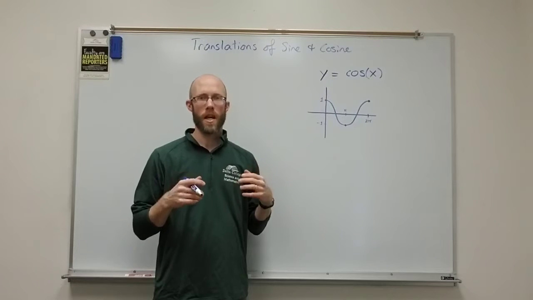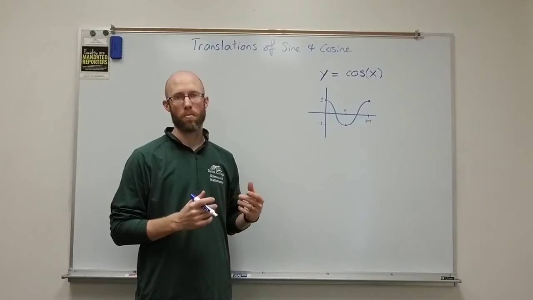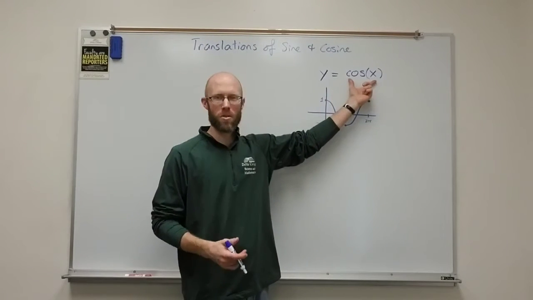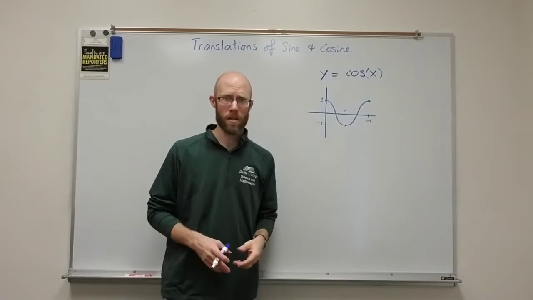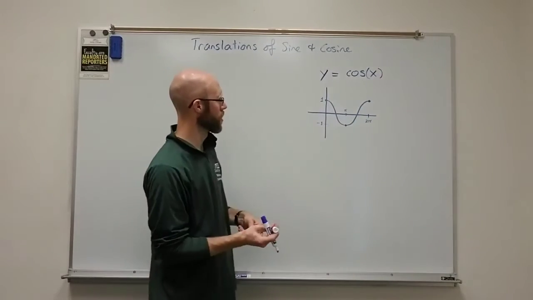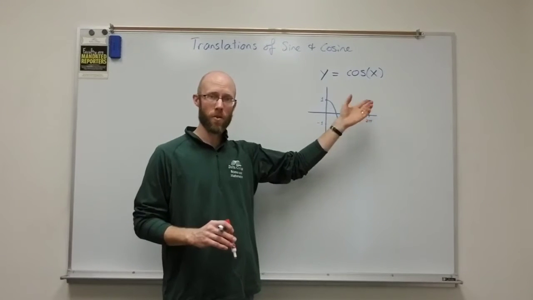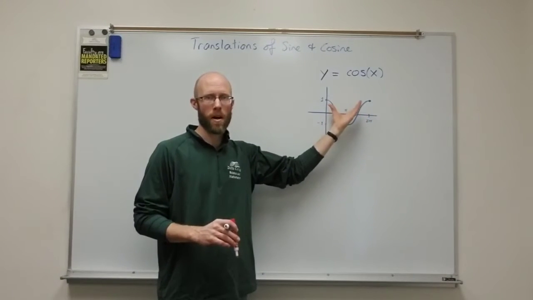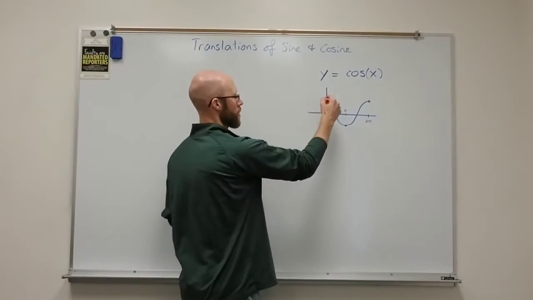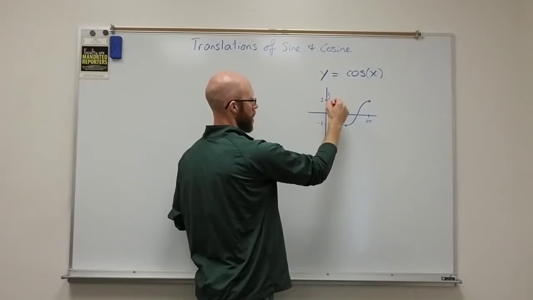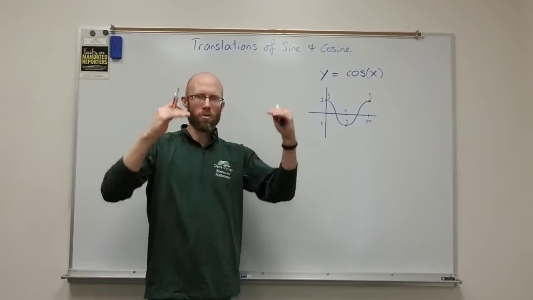A vertical shift in any graph, just adding or subtracting to the function value of all the points, can be done simply by adding or subtracting a value to the output of this function. If you take this one wavelength of the cosine and shift everything up by, say, 1/2, then this maximum comes up by 1/2, this minimum comes up by 1/2, the whole graph raises up.